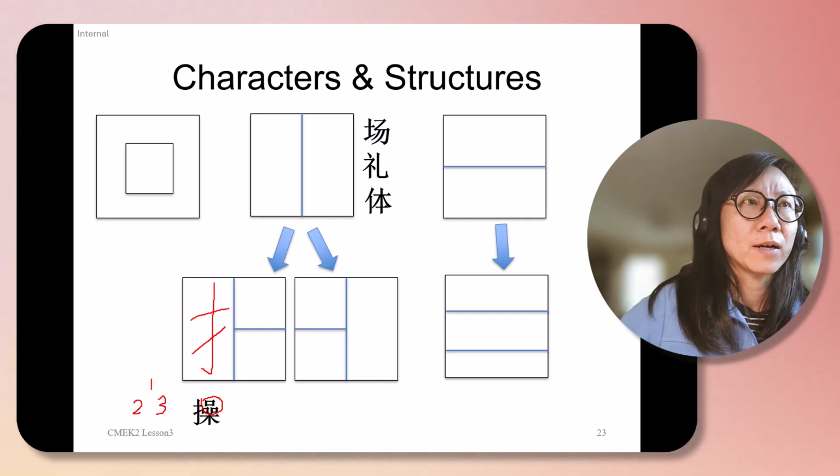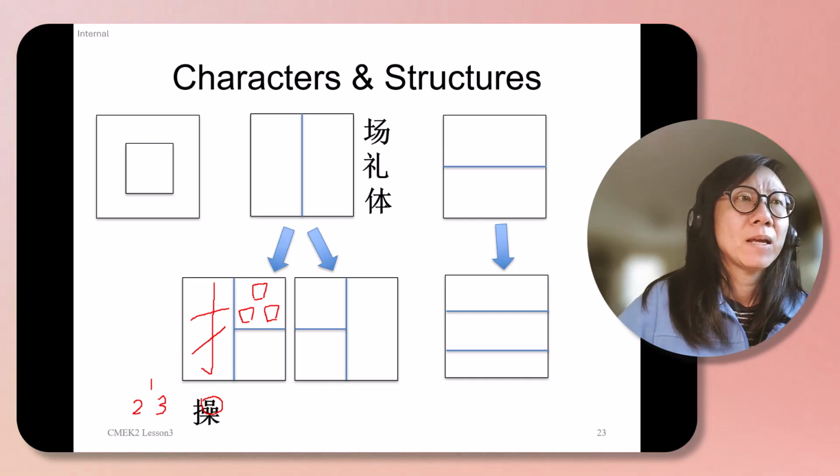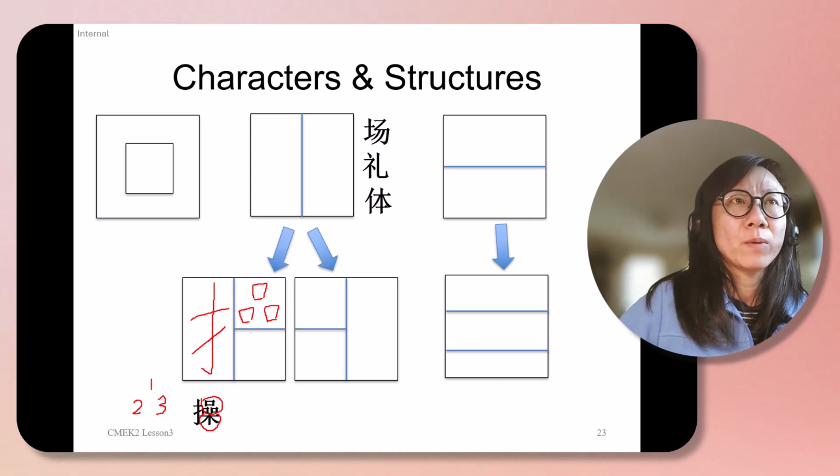So we just go here. 竖横折横, all right? And then 竖横折横, and then we go 竖横折横, right? Now, if we look at the bottom part on the right-hand side, which radical can we recall?